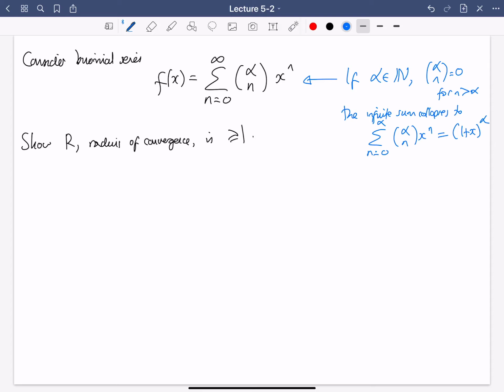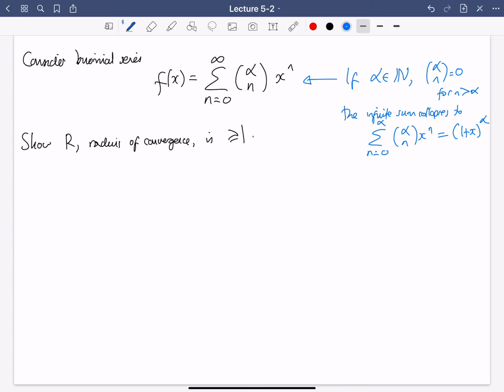So in that case, it's just a finite sum, and so of course it converges for every x. So the radius of convergence isn't always 1. It depends on alpha, and when alpha is a natural number, the radius of convergence is infinity. Actually, it turns out in all other cases, the radius of convergence is 1, but I don't really care.